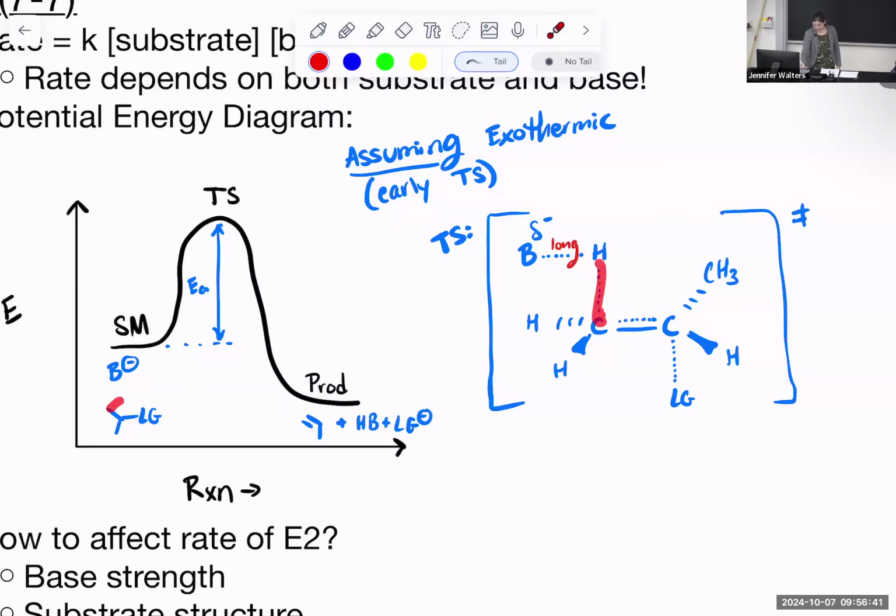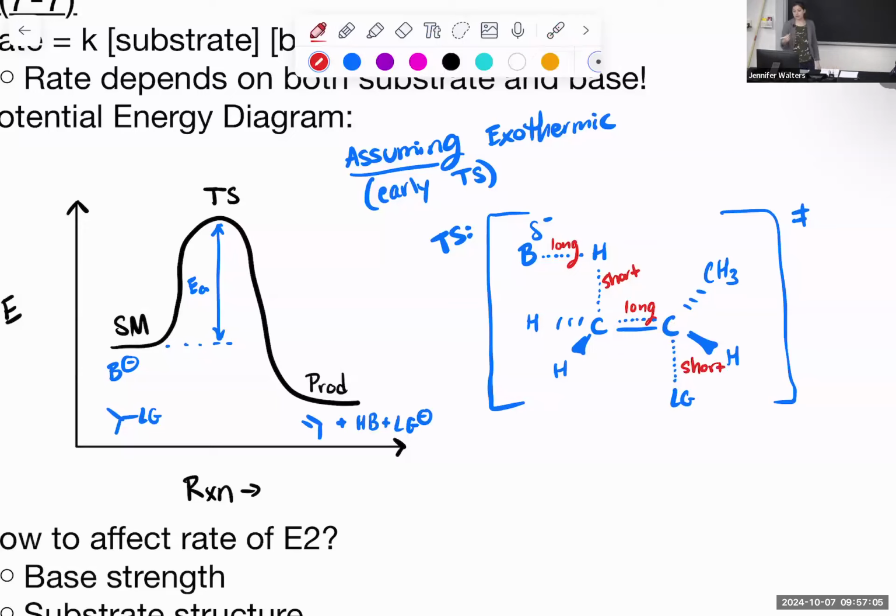Short, because it does exist. The hydrogen is still there. It's implicit, but it still exists. How about that carbon-carbon double bond? Long, because it doesn't exist yet. How about my carbon leaving group bond? Short, because it does exist.